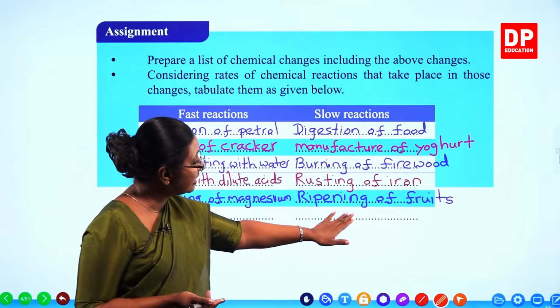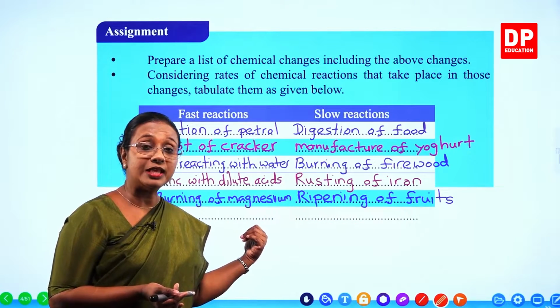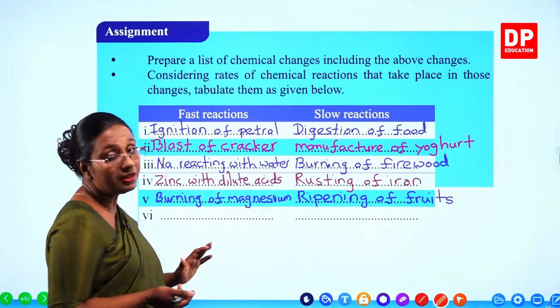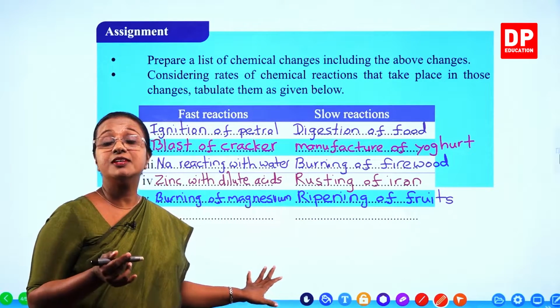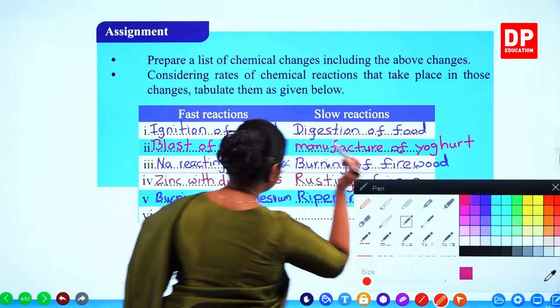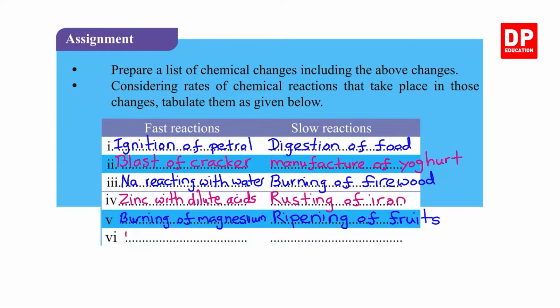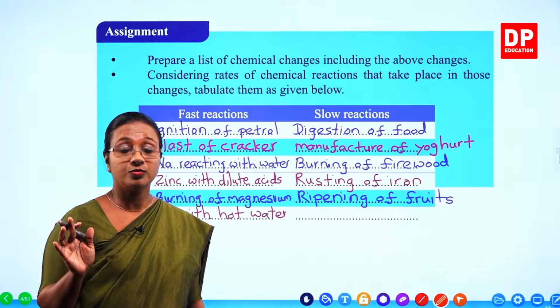But compared to these reactions, it is faster. So where can we put that? We can put it under fast reactions. So when we say fast also, there is a difference in their speed. So here, we can say magnesium with hot water. That is a fast reaction.